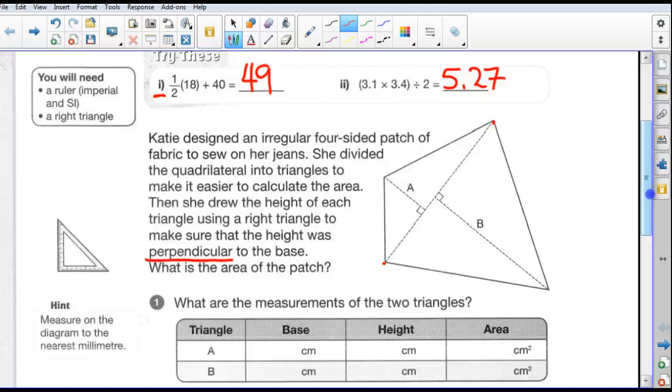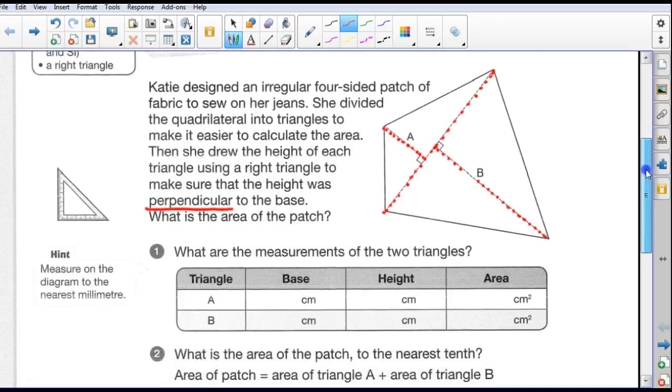All we need to know is the height of the triangle, which is this part right here, 90 degrees, and the height of this triangle B, which is 90 degrees, and we just need to know the base length. Now these 2 triangles just happen to share the same base length, which is quite convenient for us, makes it easier for us to calculate.